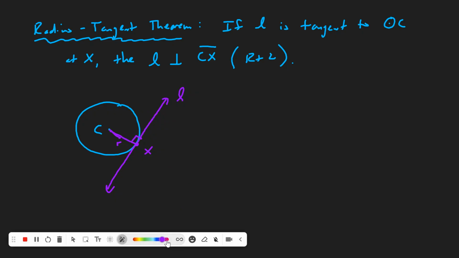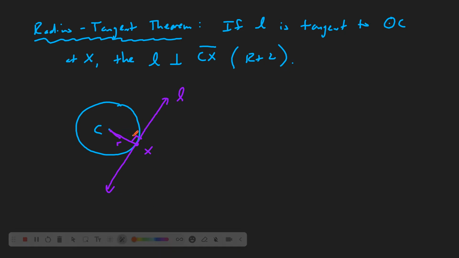Now, I want to show you something, right? Now that we've created a right angle here, say that I connect C to some point down the tangent, call this Y. Now I've created a right triangle. In this right triangle, the red part is the hypotenuse. Notice that from C to this point right here, this is also the radius R. But then there's this other length out here.